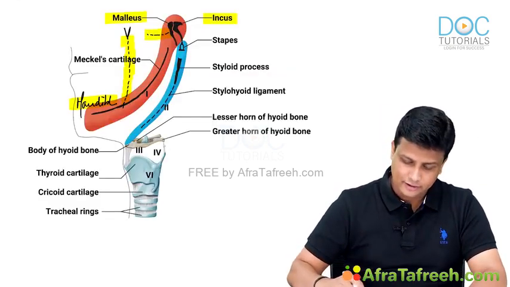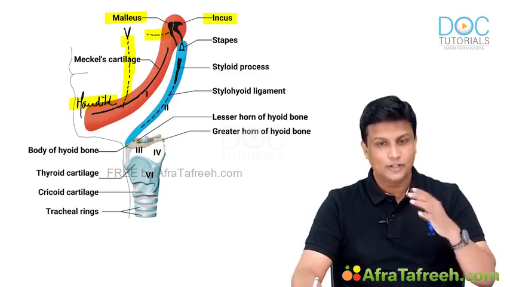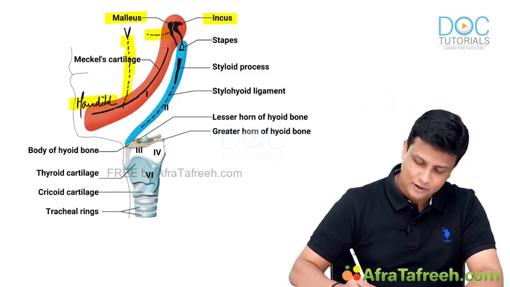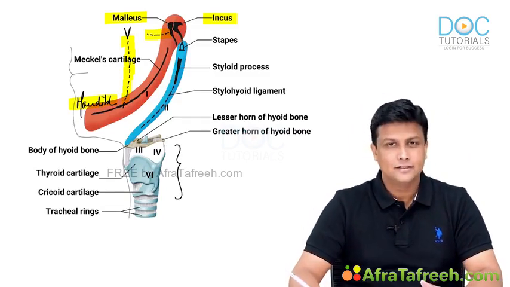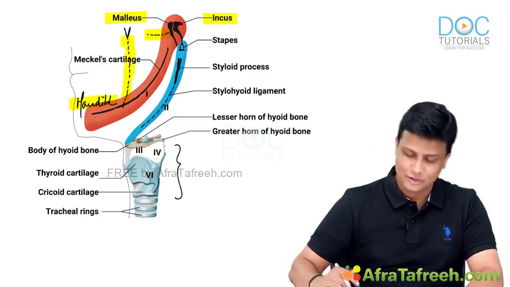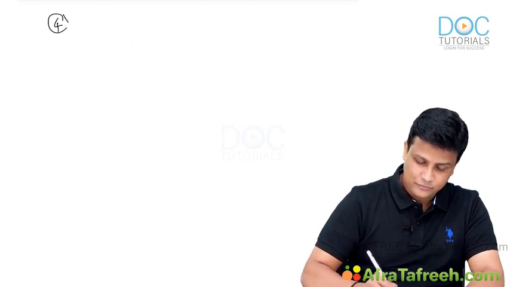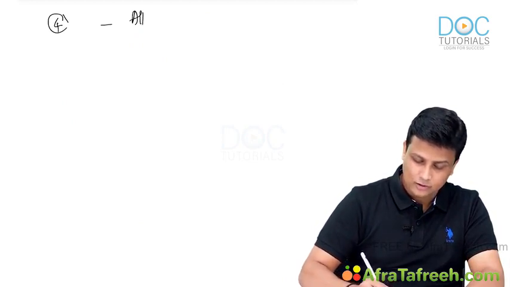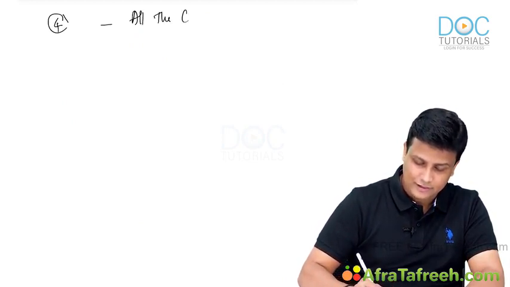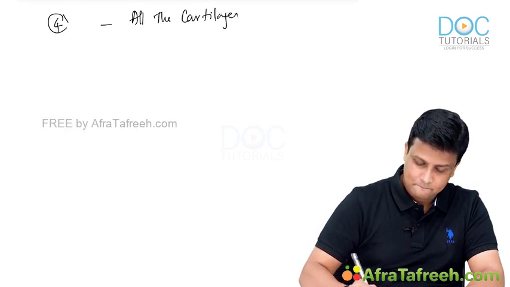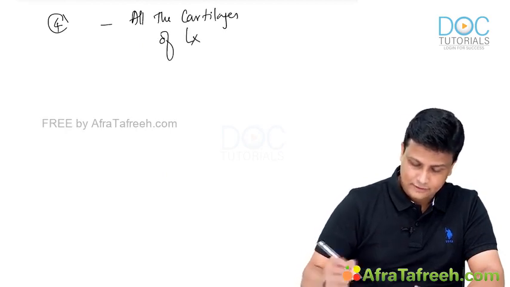Then what do you have after the hyoid bone? Come on, look at this diagram here. Once you are done with the hyoid bone, then what do you have after that? After that, it's all about the larynx, and in the larynx, it's all about the cartilages of larynx only. So therefore, arch number 4 is going to form all the cartilages of larynx.